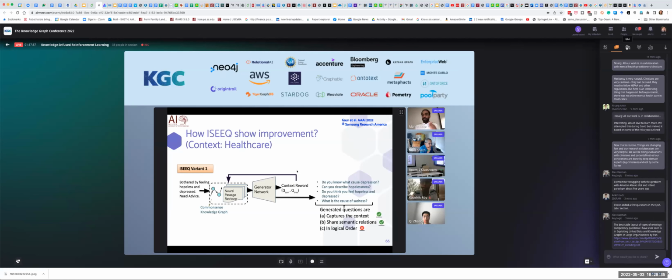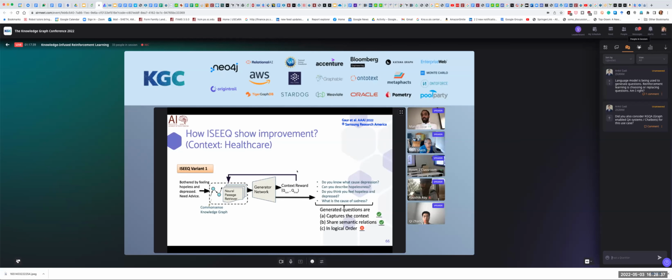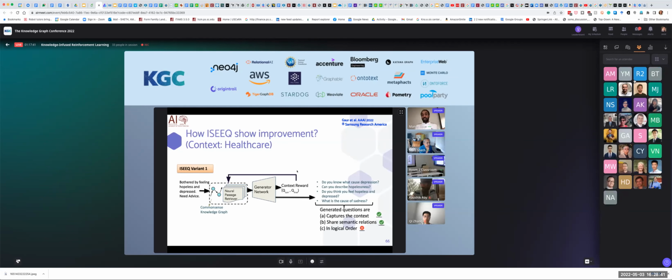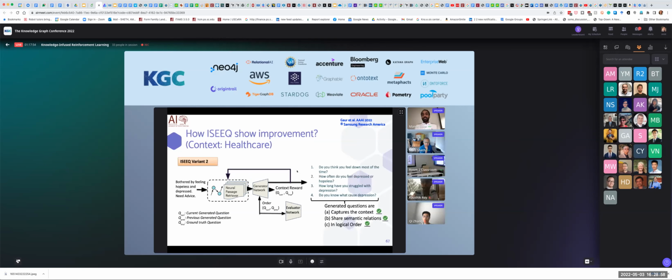And you know what? The logical order you cannot introduce using knowledge graphs. You cannot introduce it using a generator. You need a discriminator, a model that can enforce this logical order. What a knowledge graph can do is give you more diversified context in the generation processes. That brings us to the final stage of the IC variant, where we introduce an evaluator.